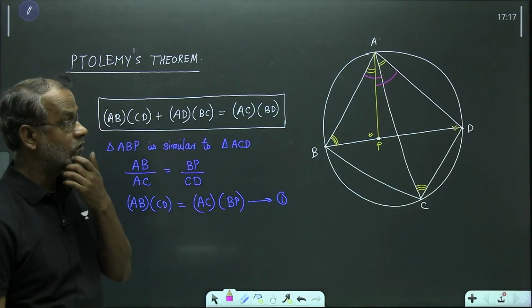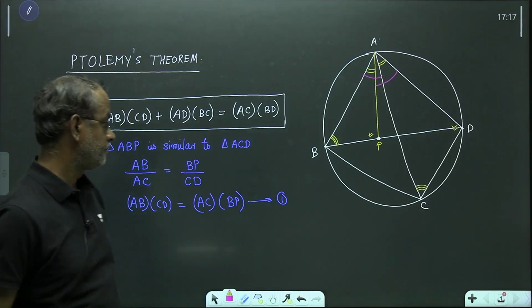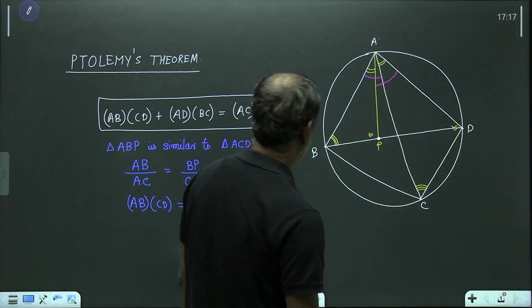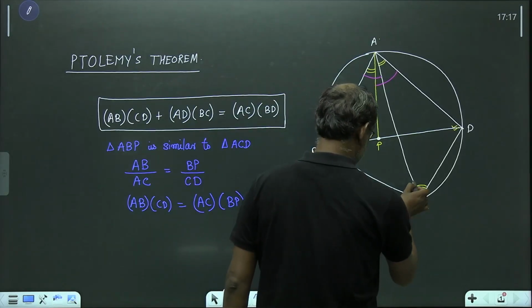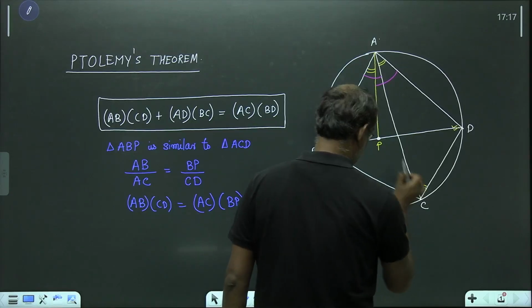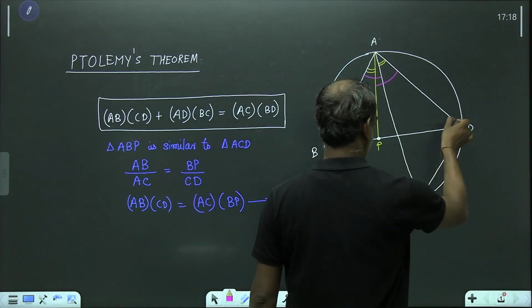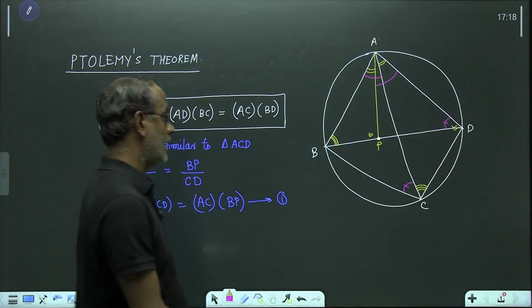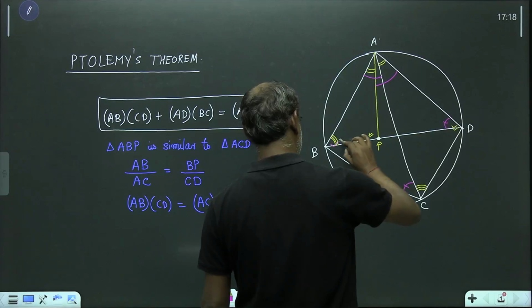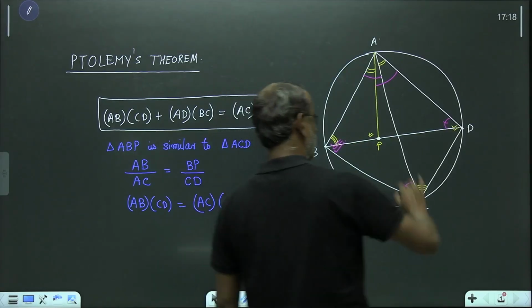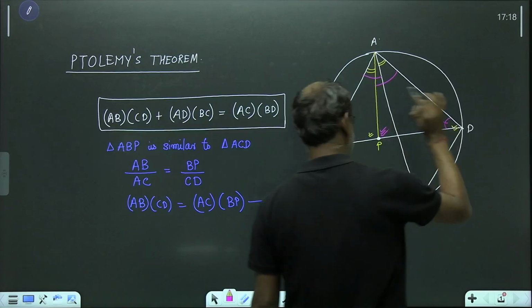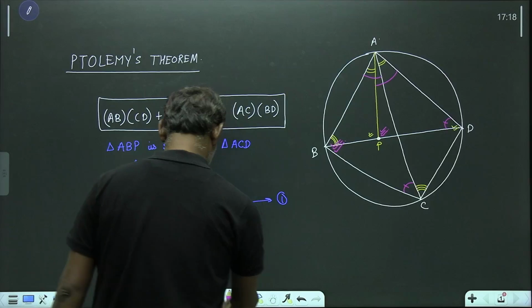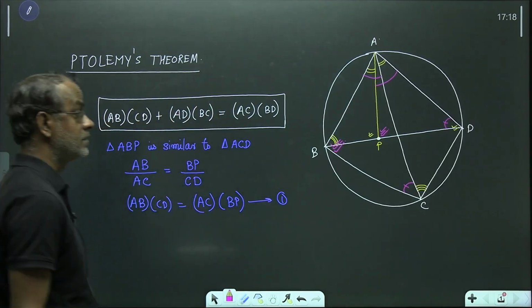So these two angles are equal, and similarly this angle is subtended by chord AB. So as a consequence, the third angles are also equal.